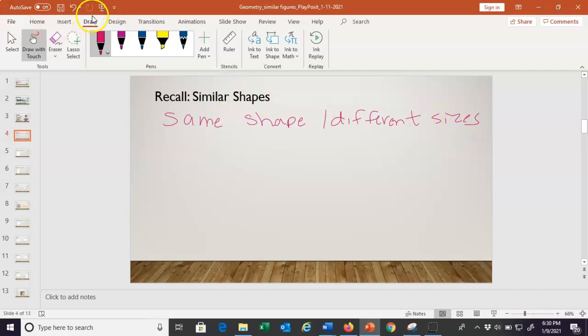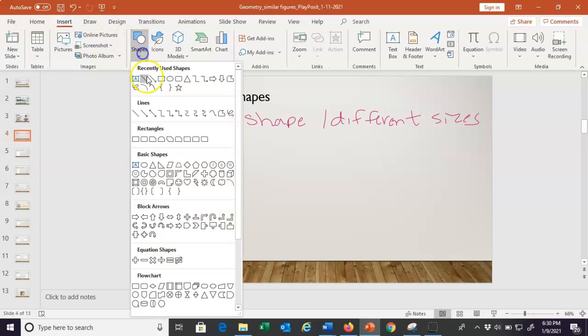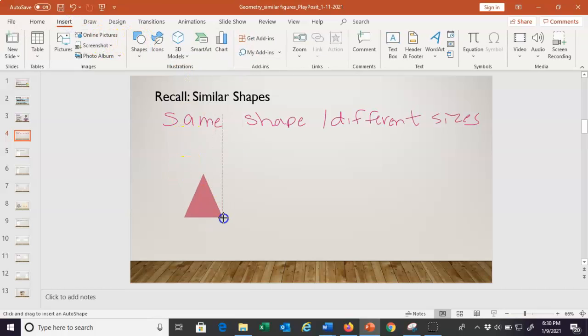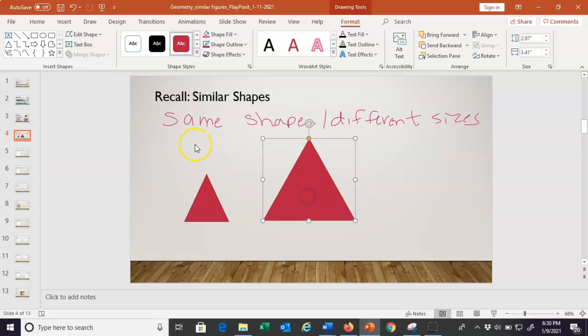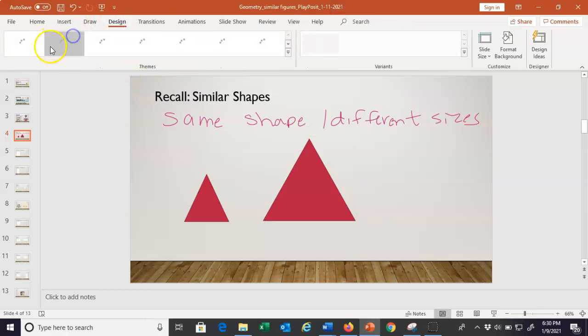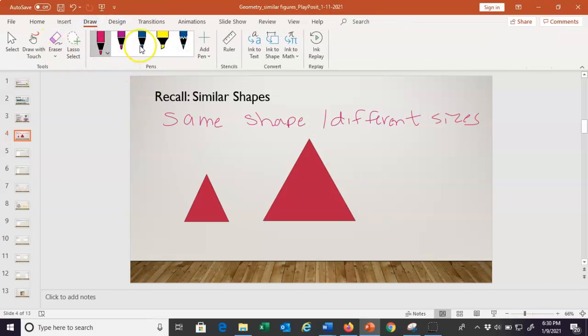So I can give some examples here. Let me use the good old triangle. You can see that this is the same shape, right? It's a triangle, but they're different sizes. So these are similar shapes.